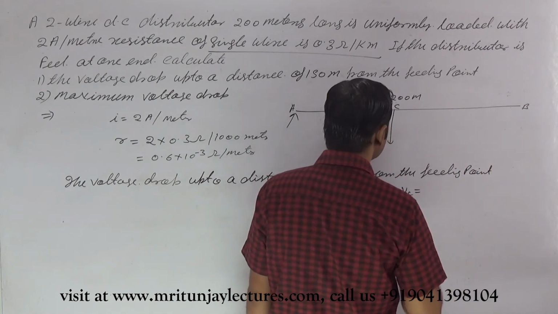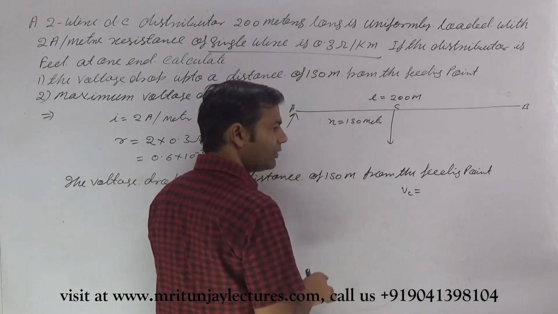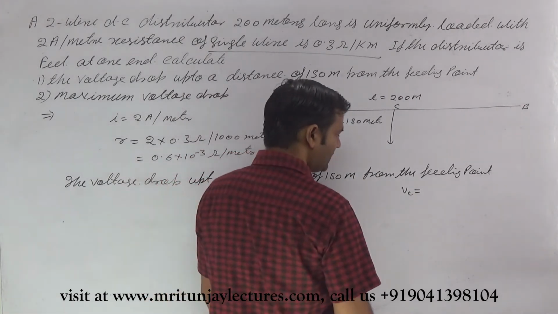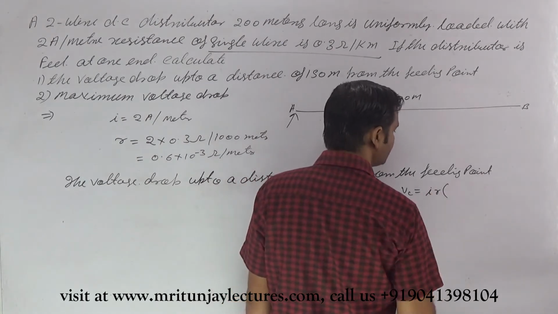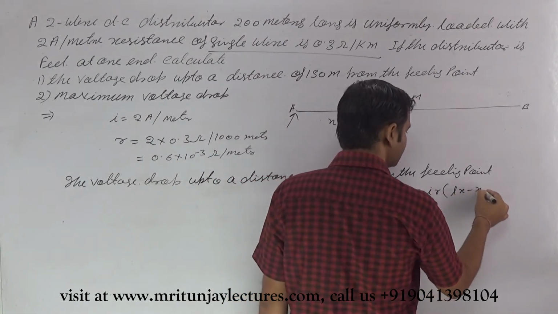VC this will equal to, I have already discussed. What about this formula? I have already discussed: IR into Lx minus x square by 2.